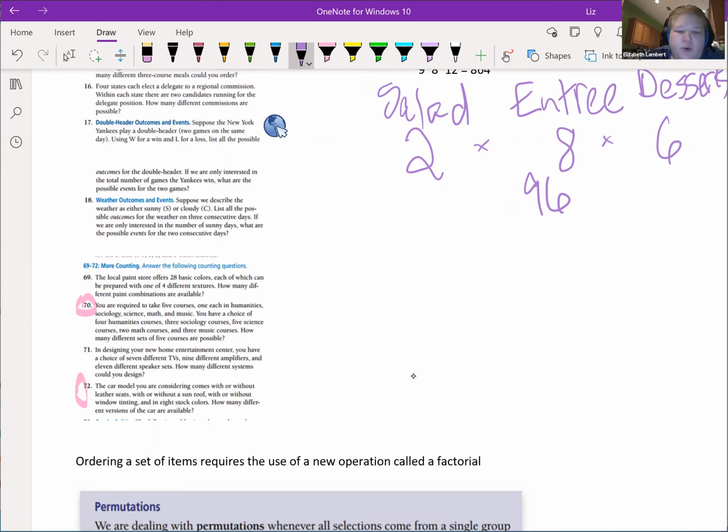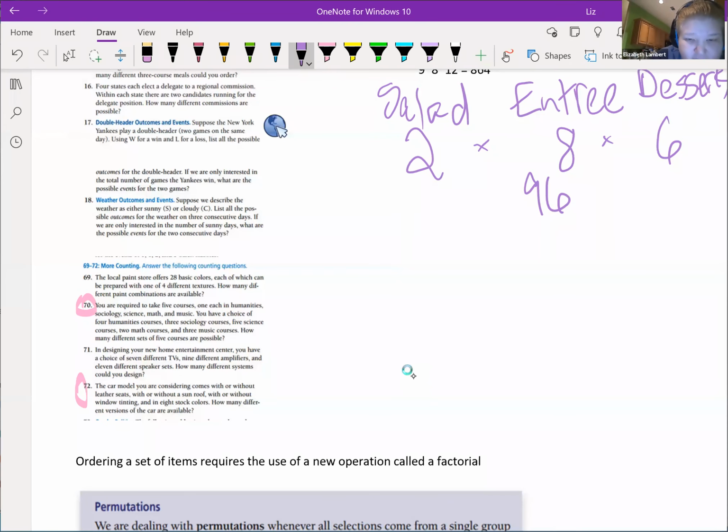So the car model you are considering comes with or without leather seats, with or without a sunroof, with or without window tinting, with or without cheese, and in 8 stock colors. Okay, not the cheese, but that's what it's like with burgers. So you have all of these with or without, so you get one of the two.